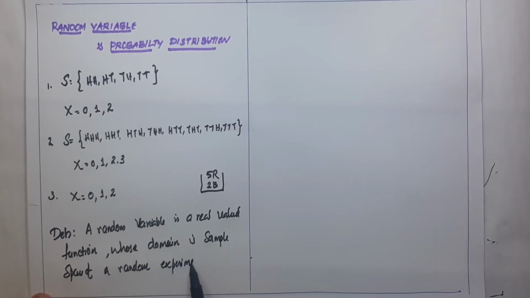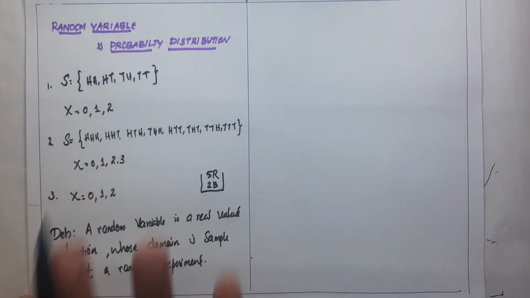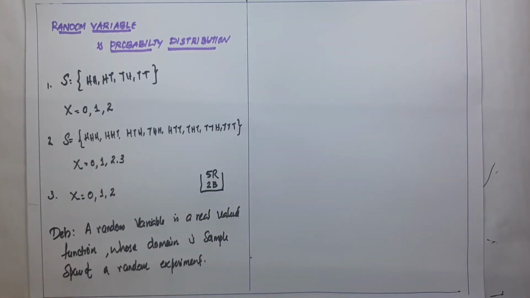That is the textual definition. The actual concept is the number of outcomes of a random experiment, which is called a random variable and is denoted by X.